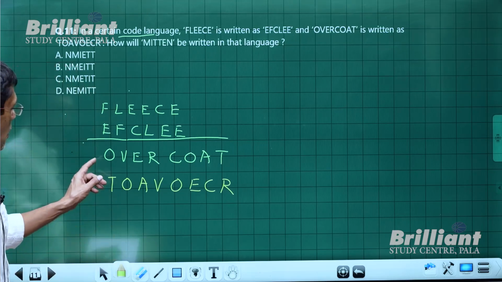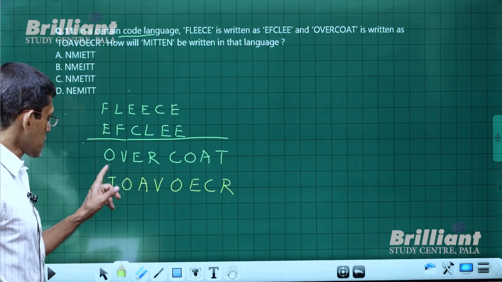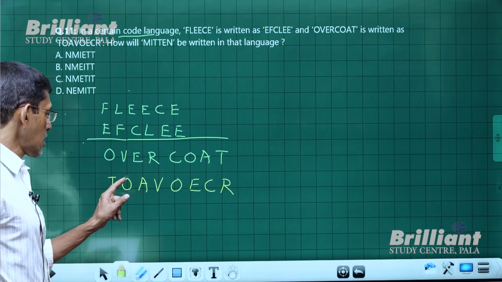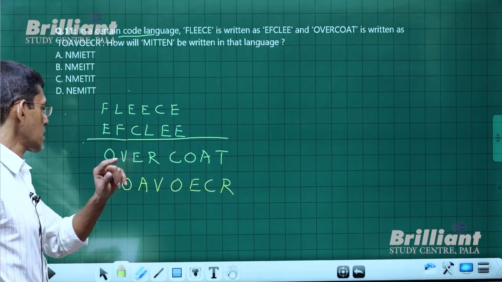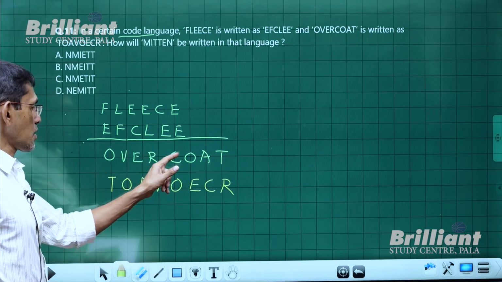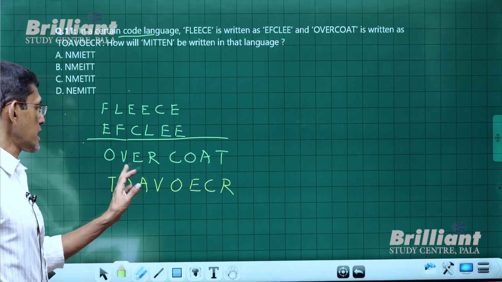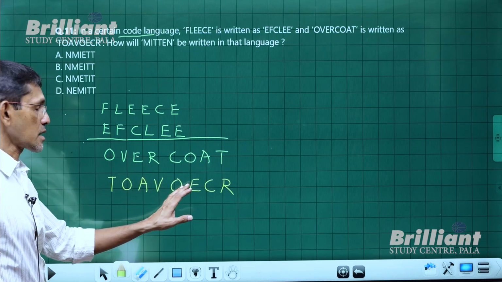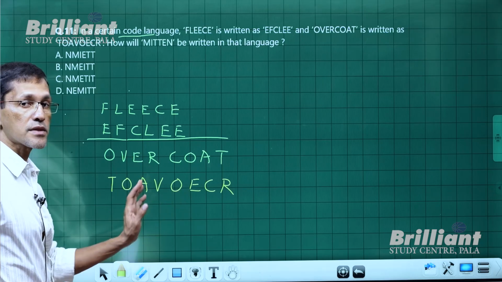Again, all the letters in the overcoat, like O-V-E-R and coat, C-O-A-T, all these letters are here in the code. Only thing, it's a rearrangement.